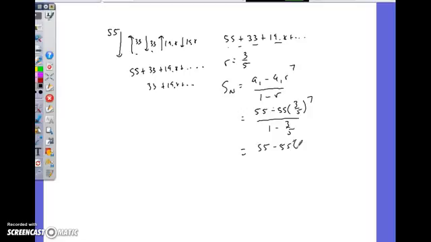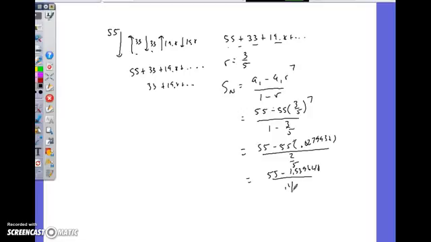So I start to put this together, I get 55 minus 55, oh Lord, this is going to be fun. 3 divided by 5, which is 0.6 raised to the 7th power, and I get 0.02799936 all over 2/5. Multiply that by 55, and I get 55 minus 1.539648, divided by 0.4.